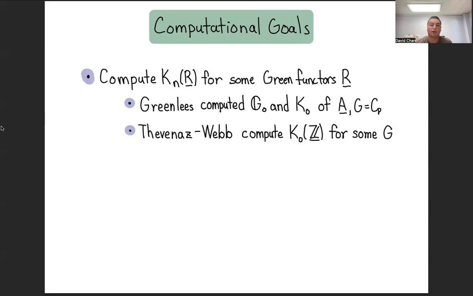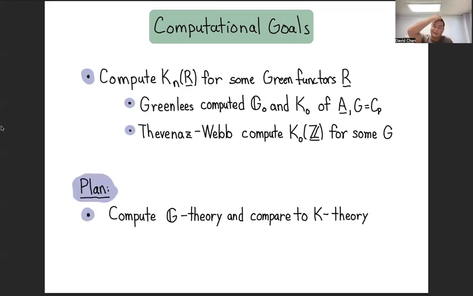And Thévenaz and Webb also computed K0 of Z underline for some G. They reduced this question to a question in representation theory about summands of permutation modules, I think. But as far as higher K groups, I don't think there's anything else in the literature that tries to compute any of these things. But someone correct me if I'm wrong.